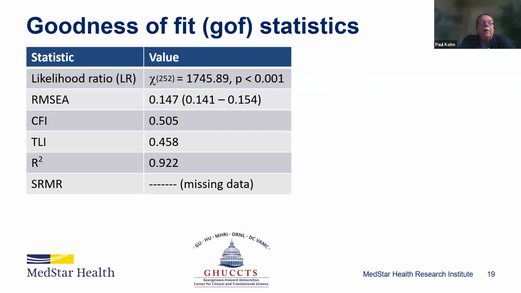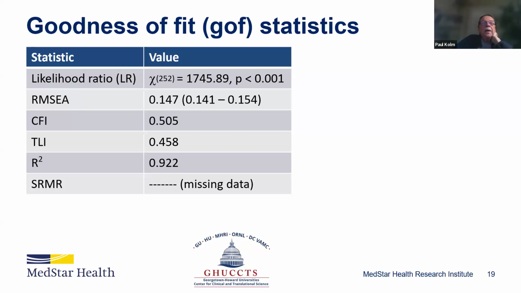So here, looking at our 22 variables and whether those 22 variables could identify, say, a quality of life latent variable, we see that we don't have any kind of fit at all. Our likelihood ratio test, our chi-square, is significant. The fit indices are not anywhere near 0.9. The only good statistic is the R squared.